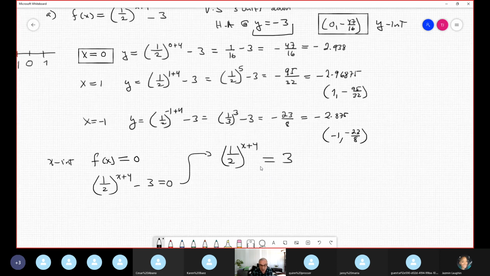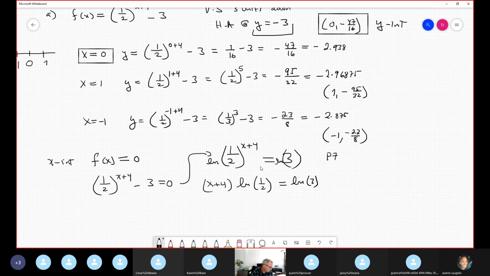So definitely we need to apply logarithms. Either standard, natural or common. In this case, I don't know why, I'm using natural. So you apply natural log to both sides. Then you apply property number 7, which allows us to move this exponent to the front as a factor: x plus 4 times ln 1/2 equal ln 3.